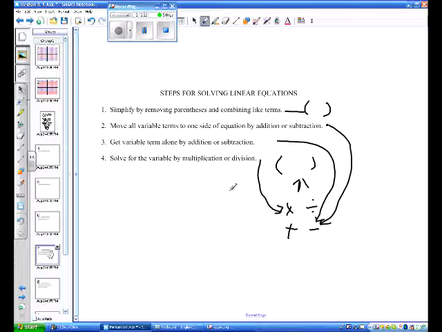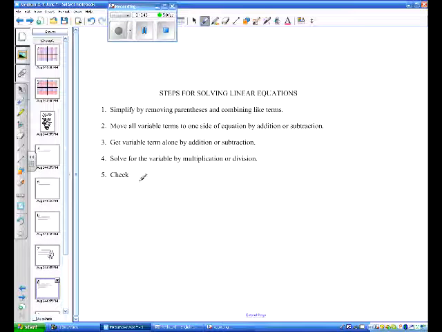If we had had exponents, then that would have been the last thing that we would have undone, taking care of our powers. So we solve our linear equations by undoing our order of operations. And as long as you remember that, it makes it a little bit easier to figure out what to do next. Now, of course, the last step should be to always check your answers.